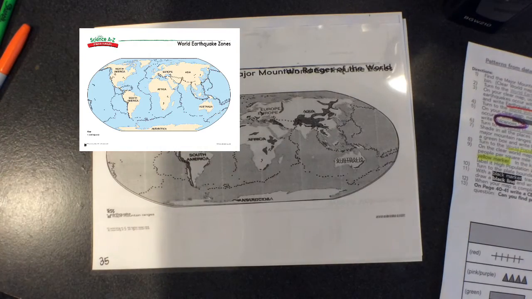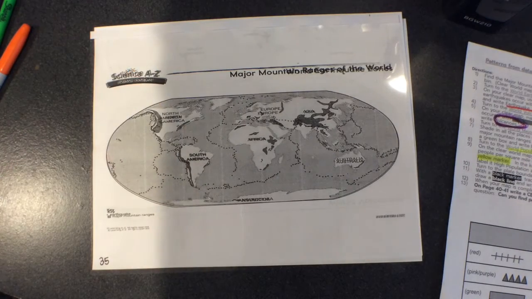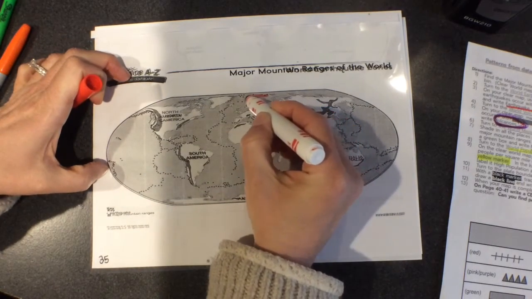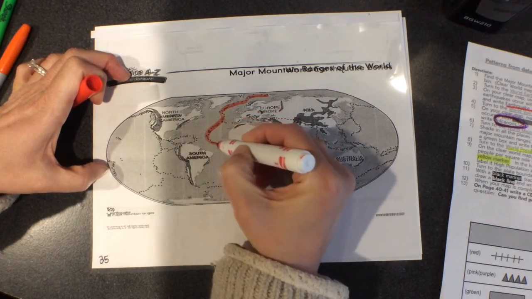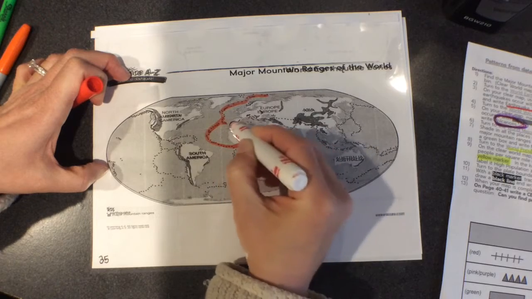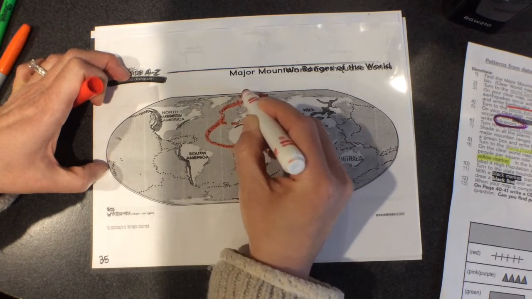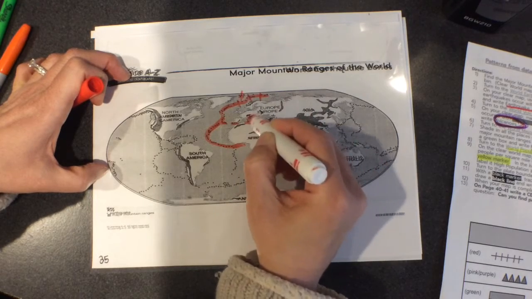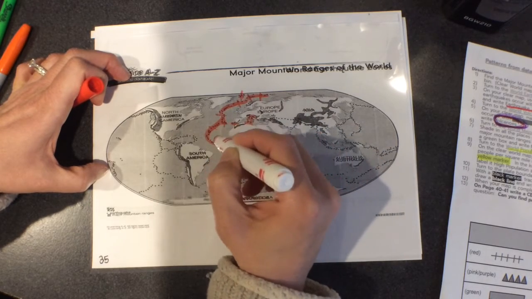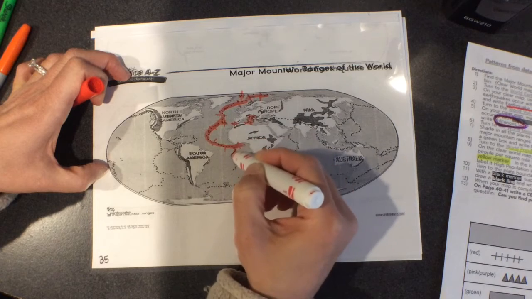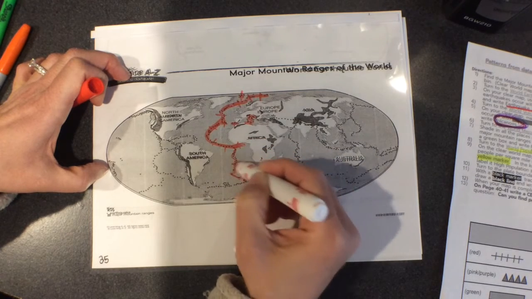So I'm going to grab my red marker, and all along the places that I see earthquakes, I'm going to mark them with dashed lines so that I know those red lines are all the places that earthquakes occur.